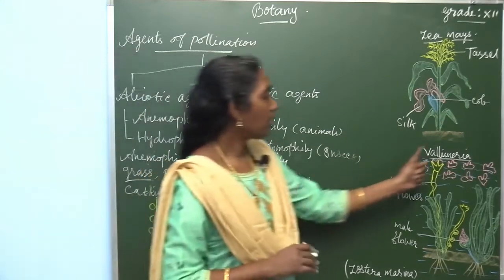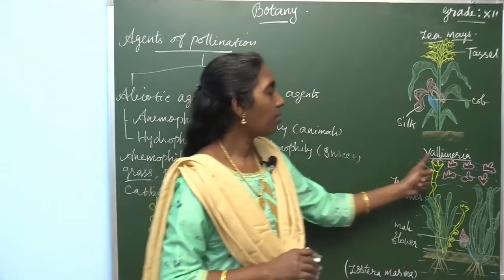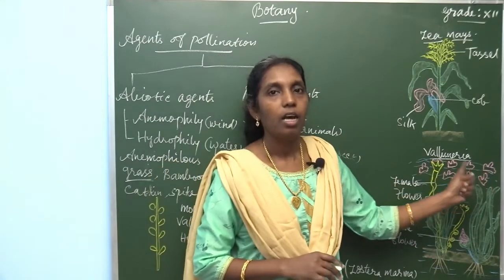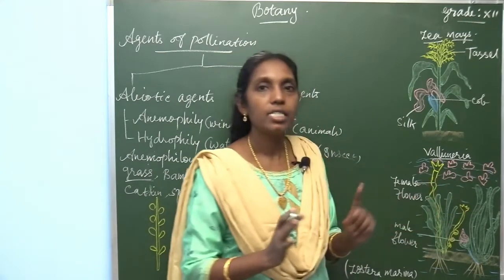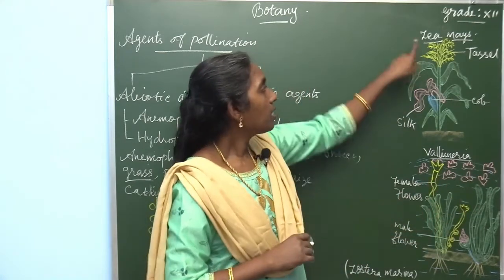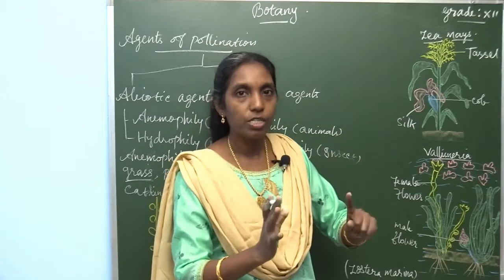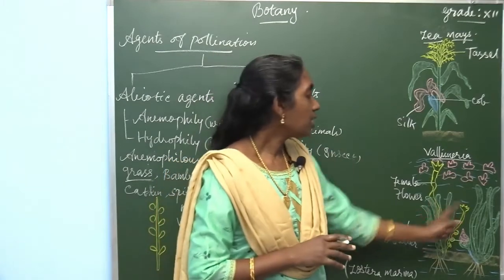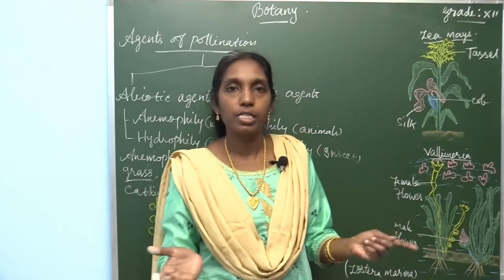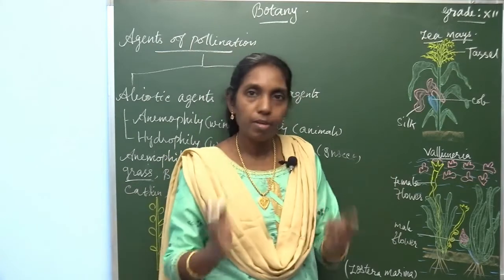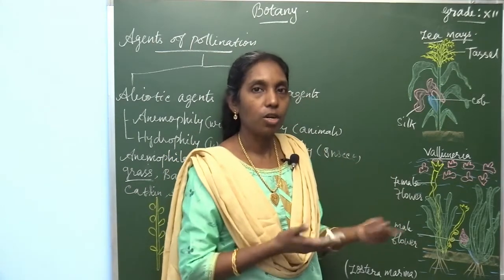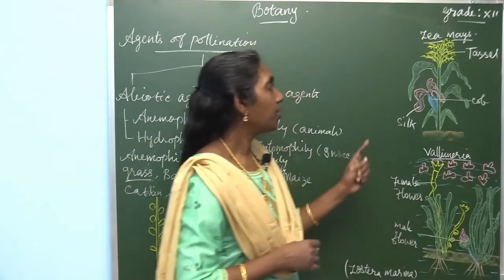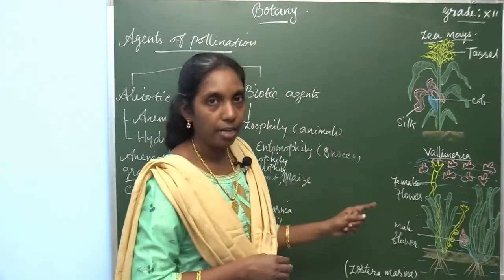Here there is an example, this diagram which shows Vallisneria spiralis. In Vallisneria spiralis, the plant is dioecious. Maize is the example of a monoecious plant. This is dioecious. What is dioecious? The male and female flowers develop in two different plants. That condition is called dioecious. So two definitions are there, monoecious and dioecious.